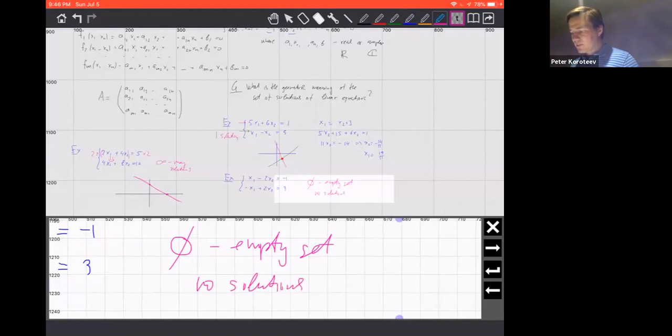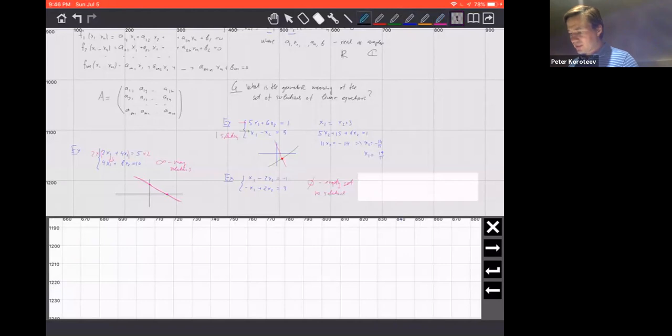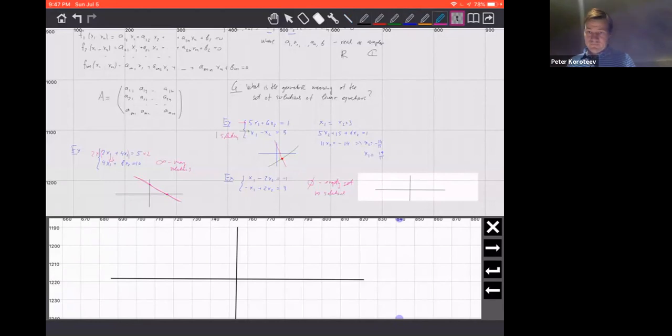So what happens geometrically? How will these two lines look if you plot them? Each of these equations is a line.